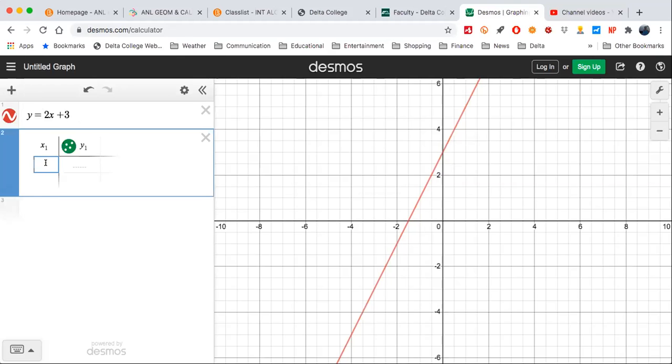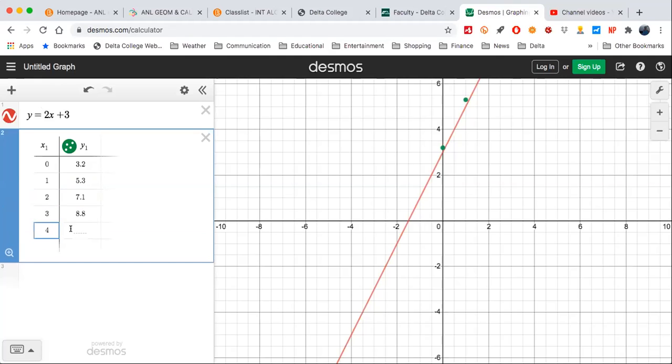We're just going to put some points in here: 0, 3.2 and 1, 5.3 and 2, 7.1, 3, 8.8, and I know you can't see all of these because we're kind of off screen. We'll do 2 more: 4, 10.5, and then 5, 13.1.